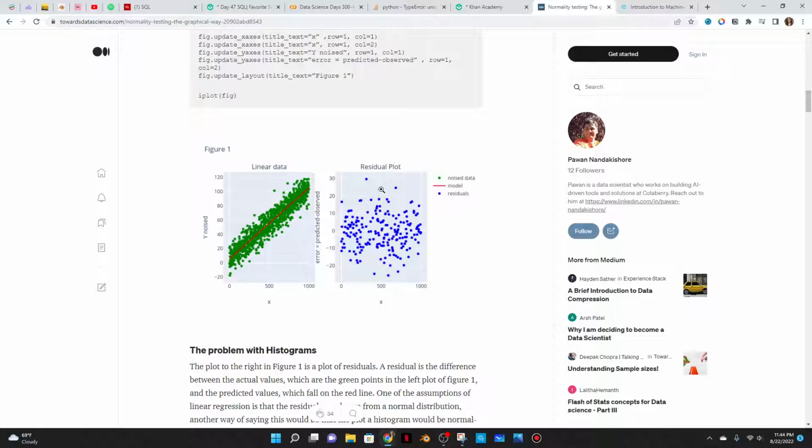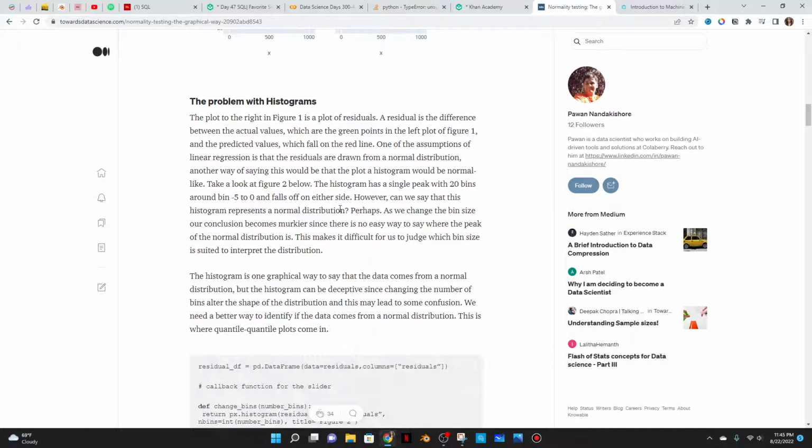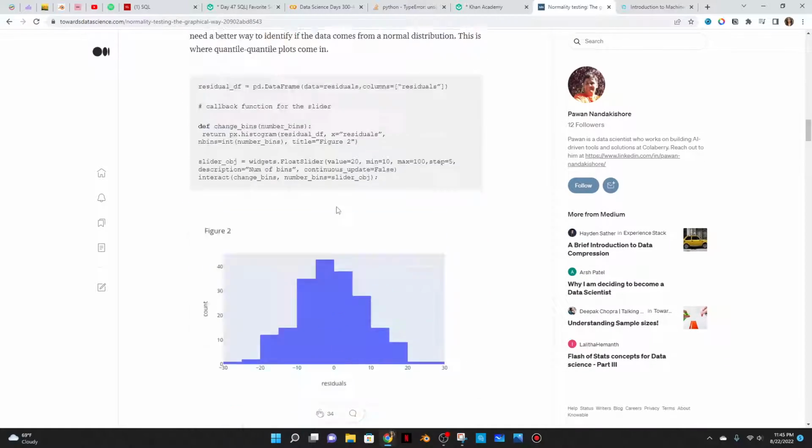See the residual plot. Is that what I'm looking at right now? Is that the residual plot? Nah. The problem with histograms.